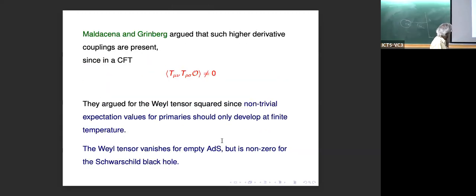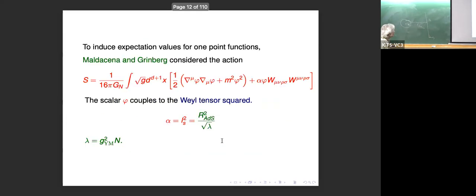So this 3-point function in the CFT is not zero. An ordinary coupling, phi times R, will also give you a 3-point function with minimally coupled matter.